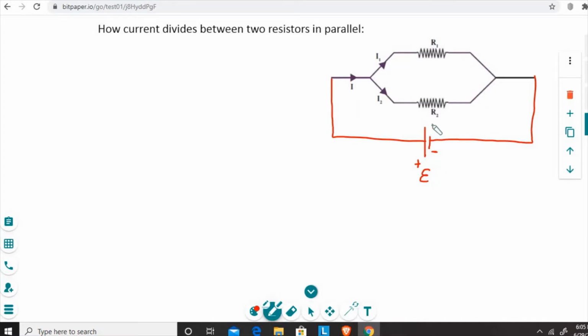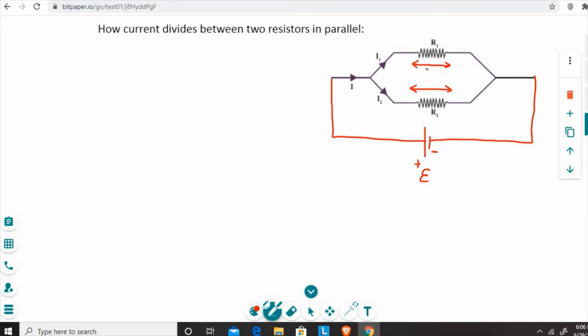Okay, so when the resistors are connected in parallel, a very important thing happens. That means the voltage across all these resistors would be the same.